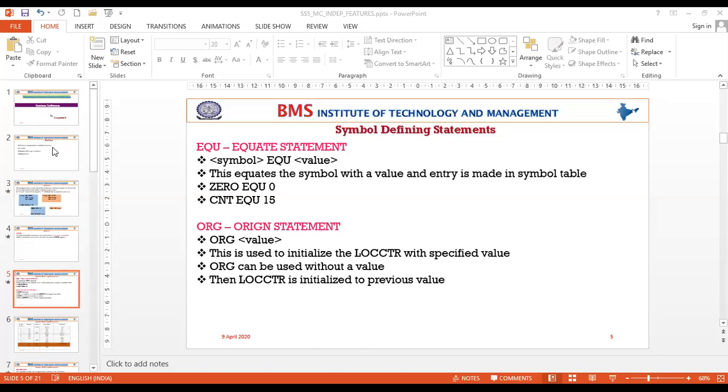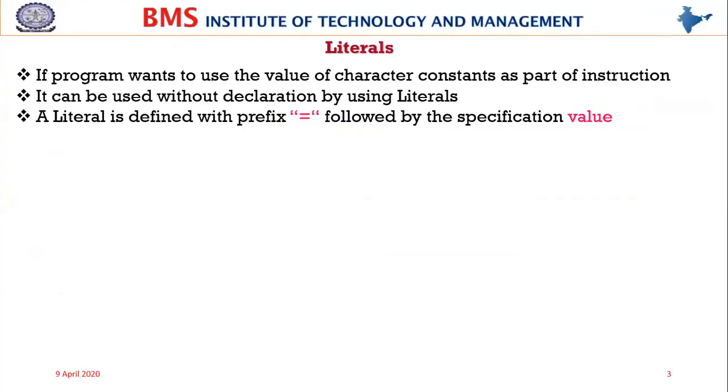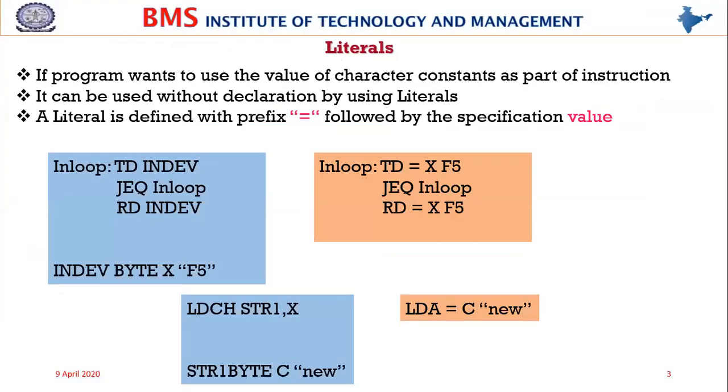So, last class we discussed the machine independent assembler features, in which we have seen literals. Literals can be character, hexadecimal constants or string constants, which can directly be specified in the instruction using the equal to symbol.